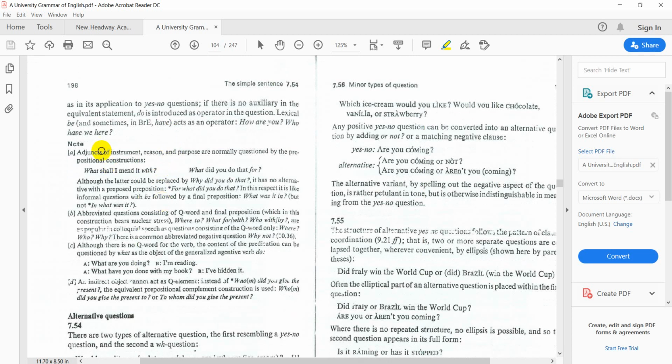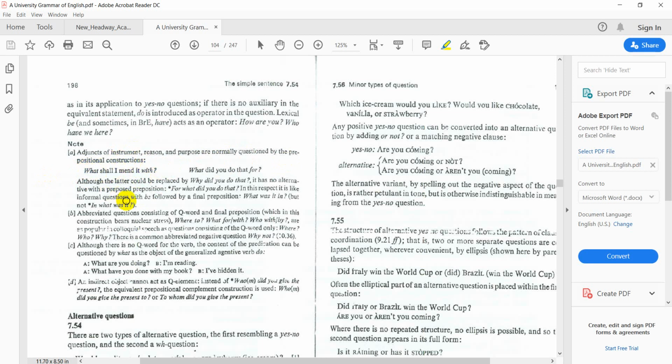Concerning this note, all of A, B, C, D are important. I request you to read them at home and understand them carefully. I'm going to explain the first one to let you know how to read the other notes. Adjuncts of instrument, reason and purpose. Normally we use a question with prepositional constructions.